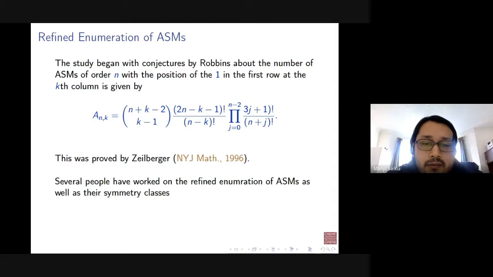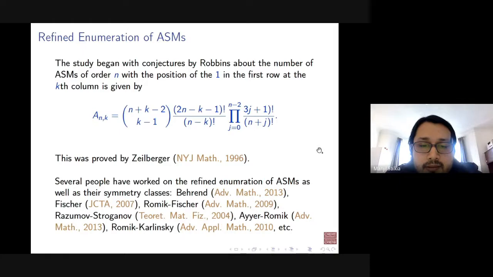Several people have worked on refined enumeration of ASMs, as well as refined enumeration for the symmetry classes. Some of these people are mentioned here: Roger Behrend, Ilse Fischer, Dan Romik, Razumov, Stroganov, Arvind, Dan Romik with his student, and so on.